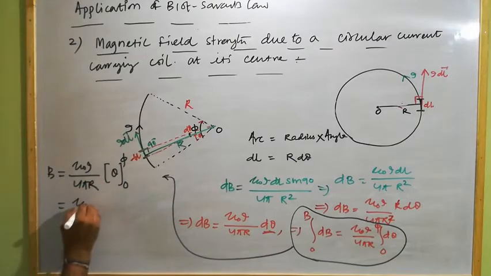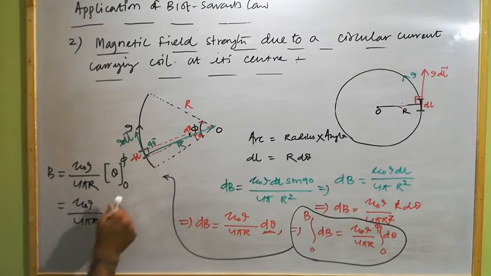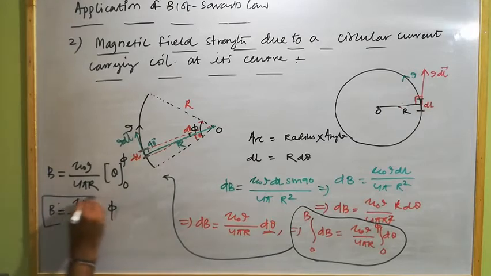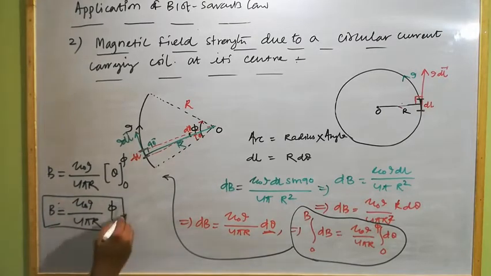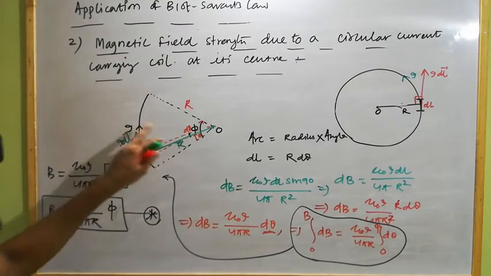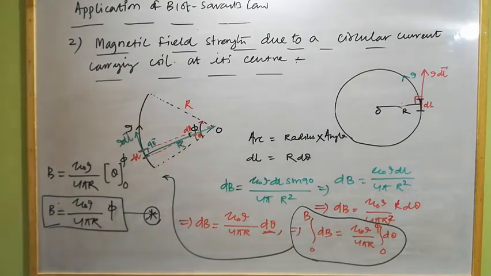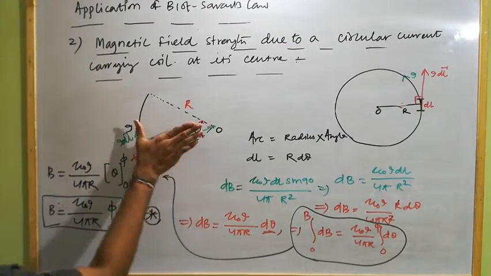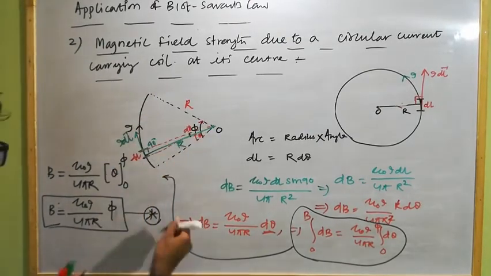So this will become μ0 I by 4π r into φ, equal to B. This is the expression for net magnetic field strength at the center of any circular arc which makes an angle φ at its center, and the direction can be obtained easily by using the right hand thumb rule or right hand palm rule. For this case it will be inward.